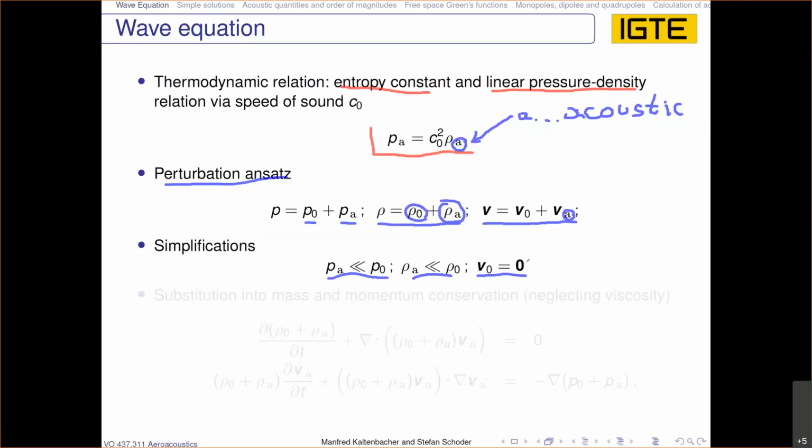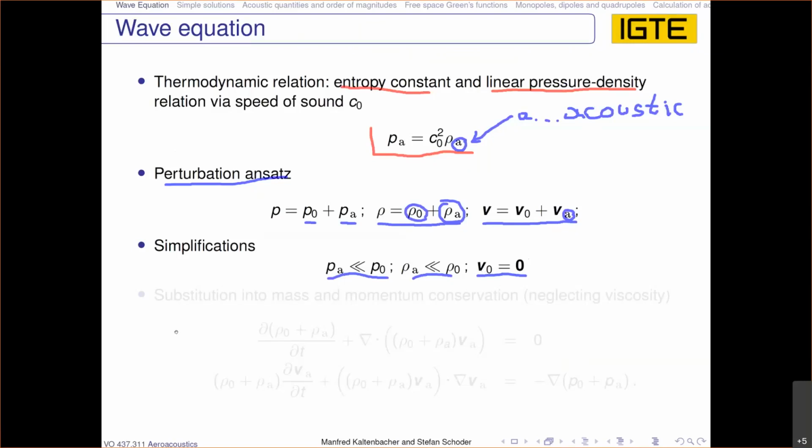Okay, so this is a perturbation ansatz, which you can do by making it an ambient quantity plus a fluctuating quantity, but this is only allowed if the amplitudes of the ambient quantities are really large compared to the amplitudes of the fluctuating quantity, or they are even 0, as seen here with the ambient velocity.